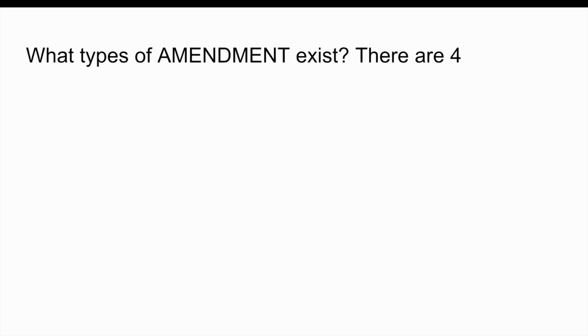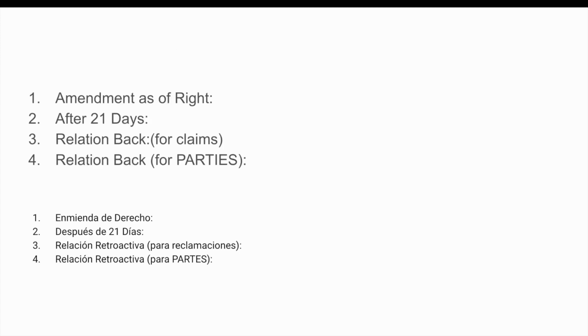What types of amendment exist? There are 4. ¿Cuáles son los tipos de enmiendas que existen? Son 4. Amendment as of right. Amendment after 21 days. Relation back for claims.